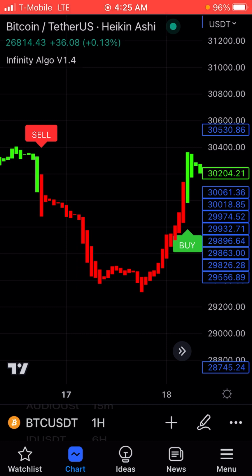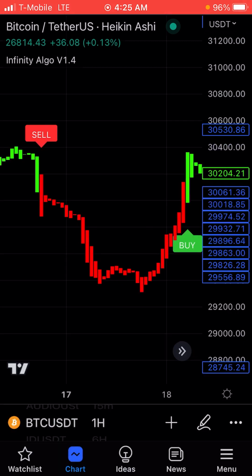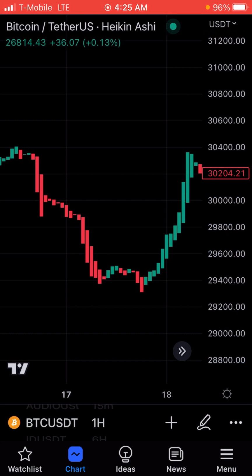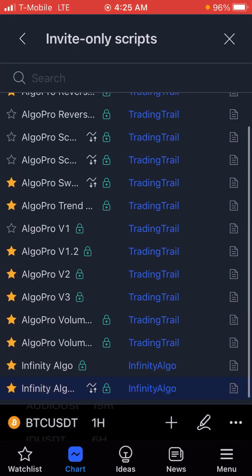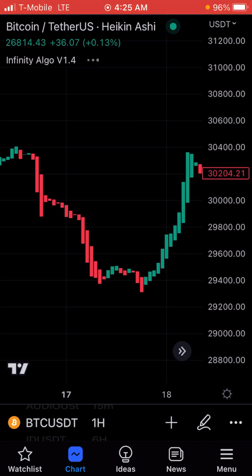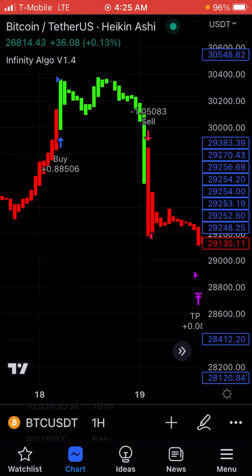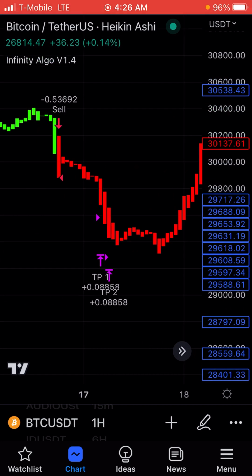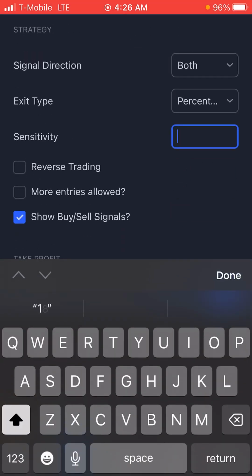But let me show you the other indicator that it has. I'm going to be removing this one, and I'm going to show you the other indicator you get with Infinity Algo. So here we go. We got the same thing with this one, but what they show you in the video is to change your sensitivity to 22.